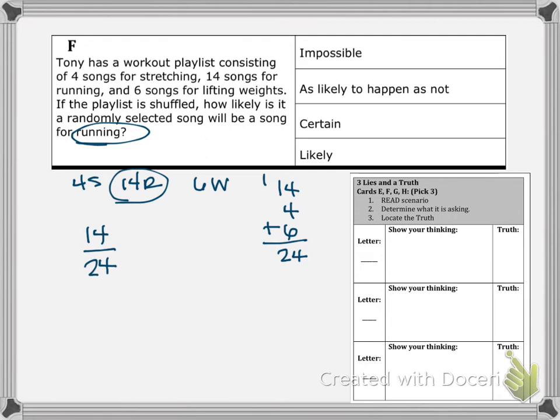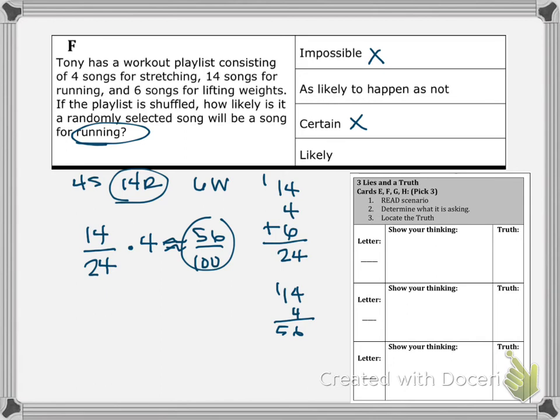So let's just round that to 25. And let's say times 4 equals about 100 over 14 times 4 is 56. That way it's more than 50%-ish, right? So it is not impossible. It is also not certain, because if it was certain, it would be way closer to 100%.